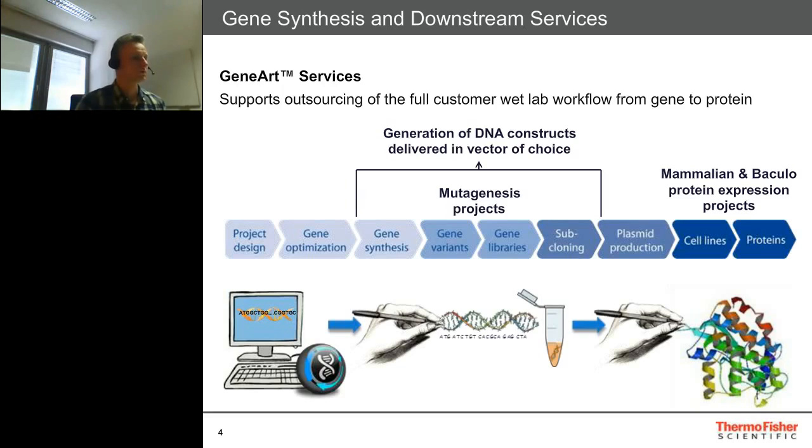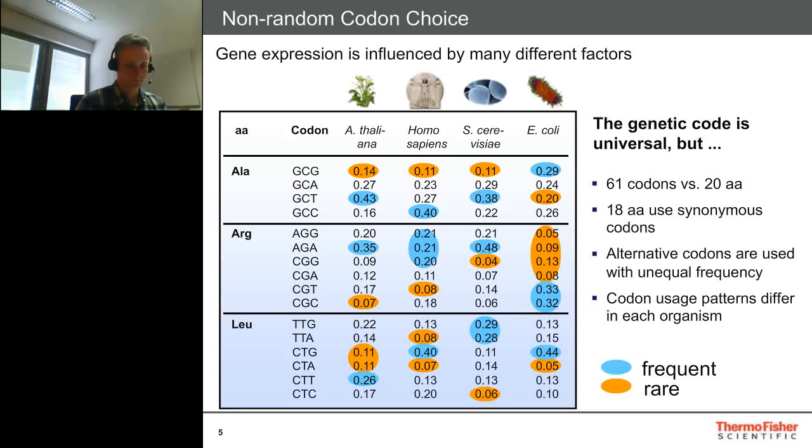We support the full workflow from gene to protein, obviously, and apart from or in addition to gene synthesis, we can do mutagenesis projects, so we can mutagenize your genes. We can do cloning of your genes, plasmid production according to your needs, and also, and this is what we're talking about today, mammalian and baculovirus expression of your genes.